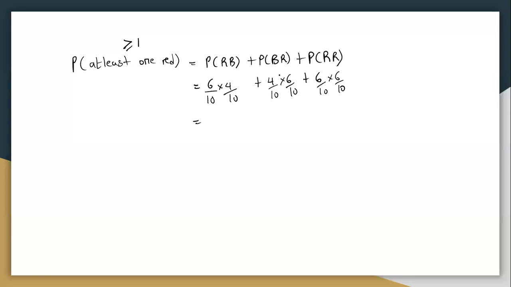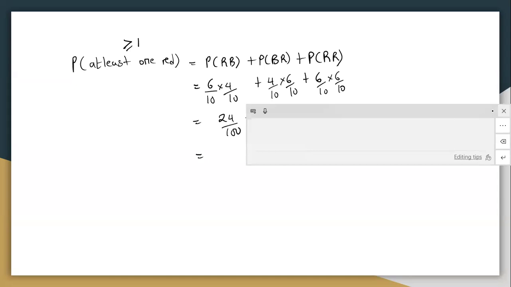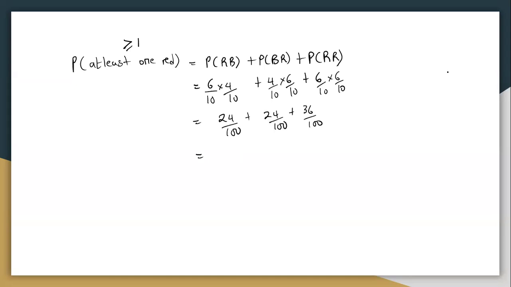So 6 times 4 gives 24, then 4 times 6, still 24. So I'll have 24 out of 100 plus 24 out of 100, plus 36 out of 100. Linda, tell me what we are going to do here now.